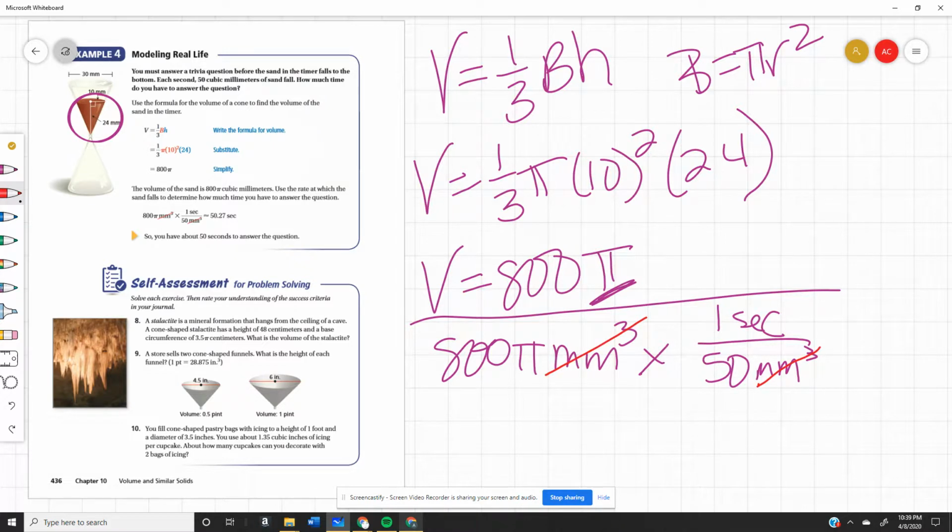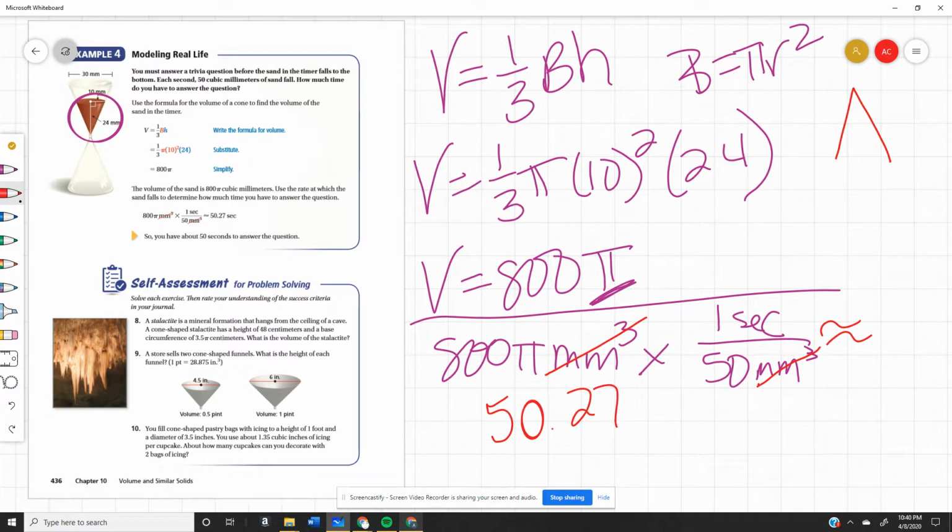These are going to cancel each other out. So we're going to be left with 800 pi times 1 over 50, okay? And this is something that you could plug into a calculator. 800, second, the pi key, times parentheses 1 divided by 50, because that means 1/50th, and you get that it's approximately equal to 50.27.